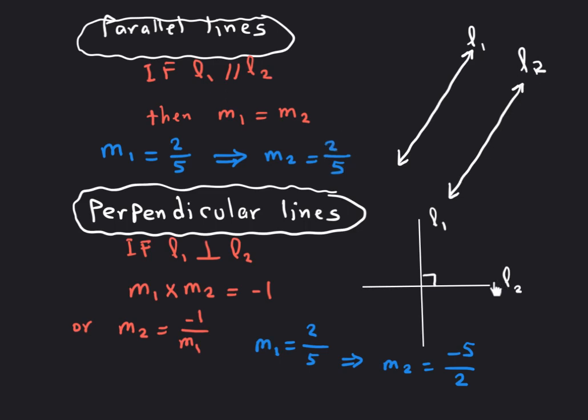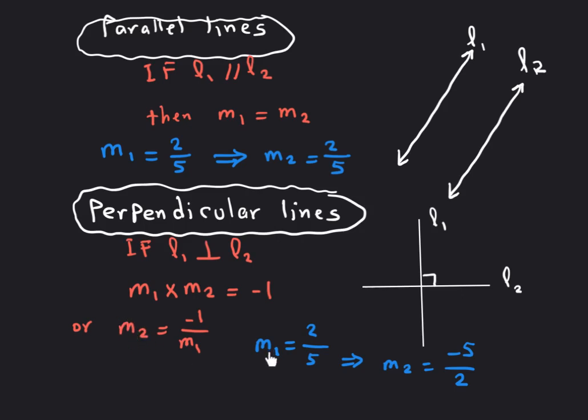If you have perpendicular lines L1 and L2, what is the relation between the gradients? M1 times M2, the product of the gradients, equals -1. So if you need M2, -1 divided by M1 gives you the required gradient.